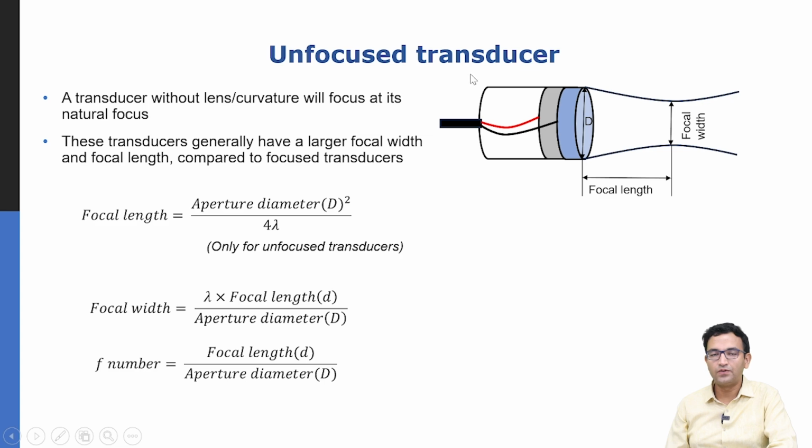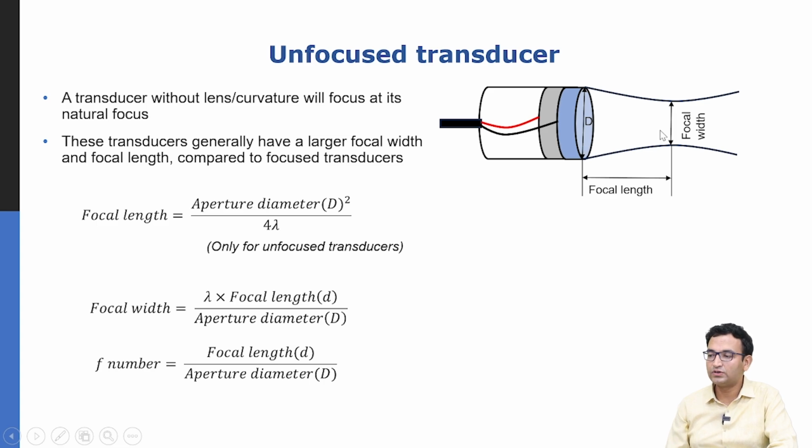We also discussed unfocused transducers. Well, as it turns out, if it is an extended source with an extended aperture, there will be some natural focusing, but as you can see in this schematic, it is not very sharply focused. These transducers will have a larger focal width than focused transducers and also larger focal length, and the natural focus.